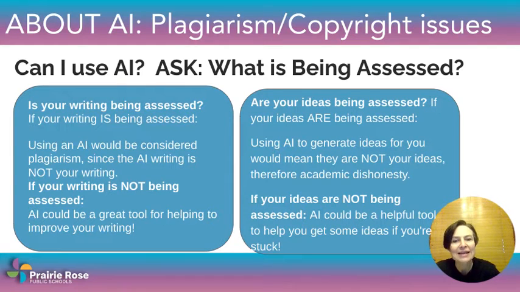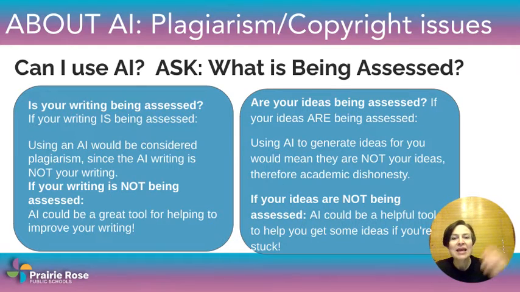So if your writing is being assessed, then using an AI tool would be considered plagiarism if the AI is doing the writing. So if it's looking at your writing, your sentence structure, your style, even perhaps your grammar and mechanics, if that's what's being tested, we don't want the AI to be doing the work. We want you to be doing the work.